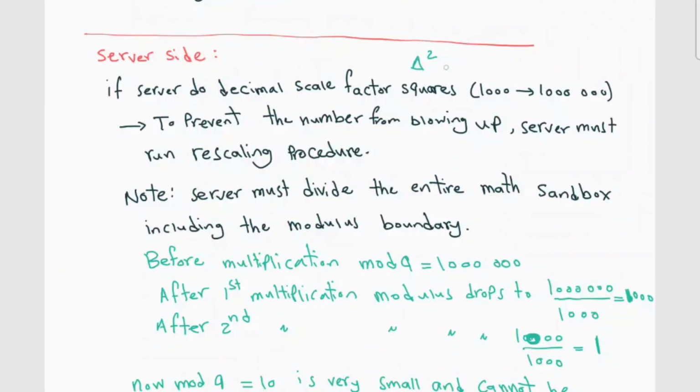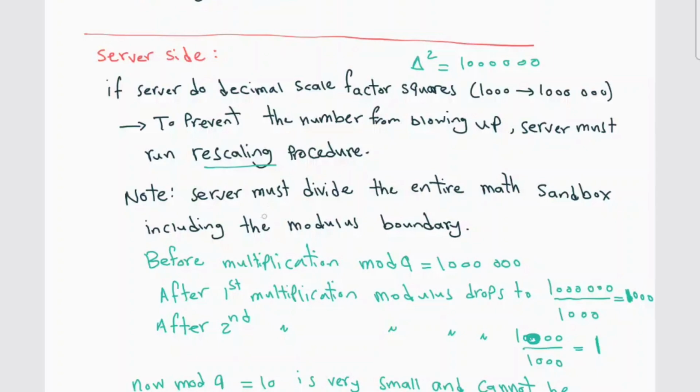If your delta is 1000, then delta squared would be 1 million, delta cubed would be much bigger, and delta to the fourth even bigger. To avoid that, as I discussed in the previous paper, we use a technique called rescaling, which means we divide our polynomial by delta to make sure it doesn't explode.